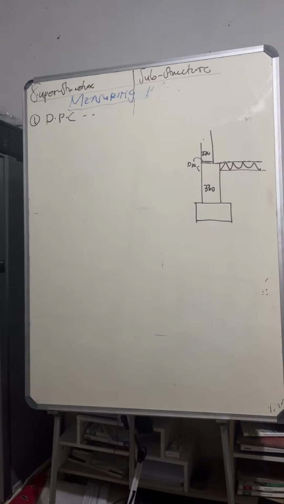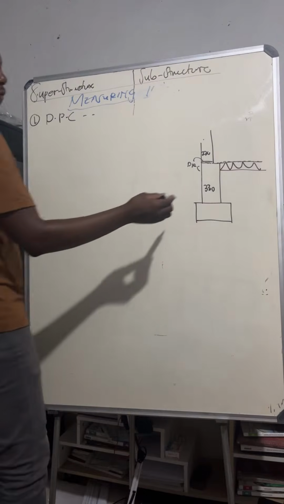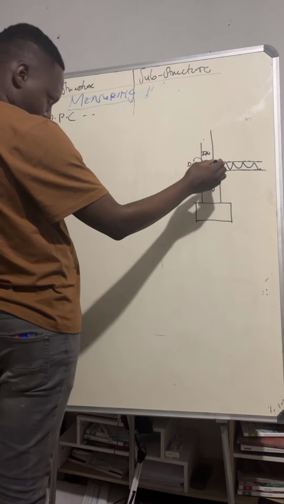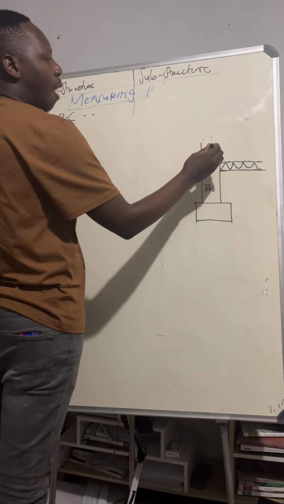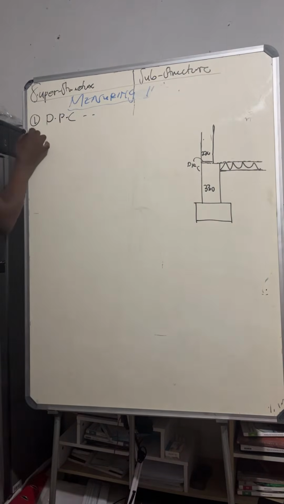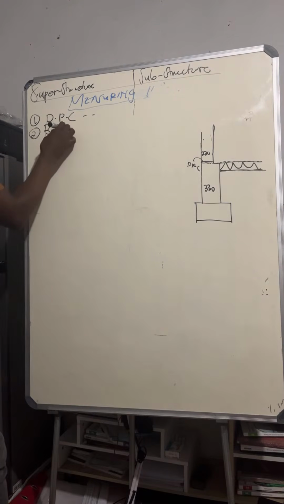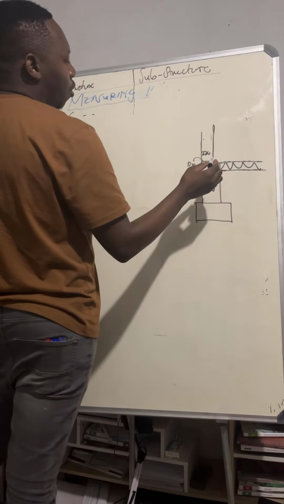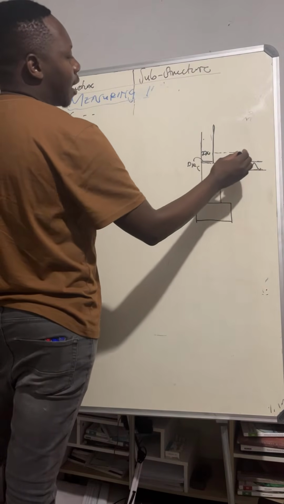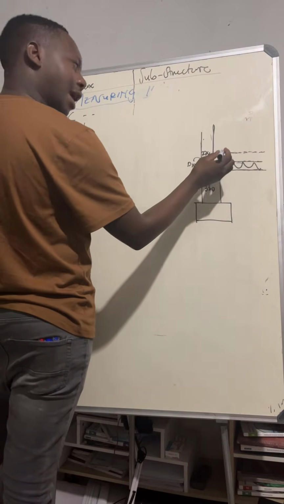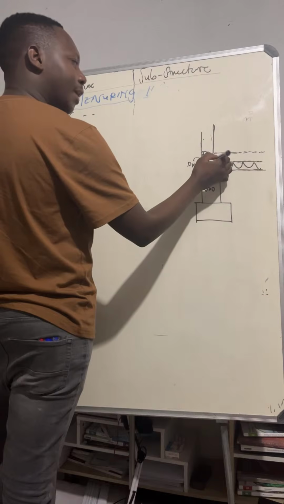Now that we have built, I would say generally I will start with DPC, then after that I'll come to a brick wall, a superstructure wall. Also there's a concrete surface bed that has to be cast here.